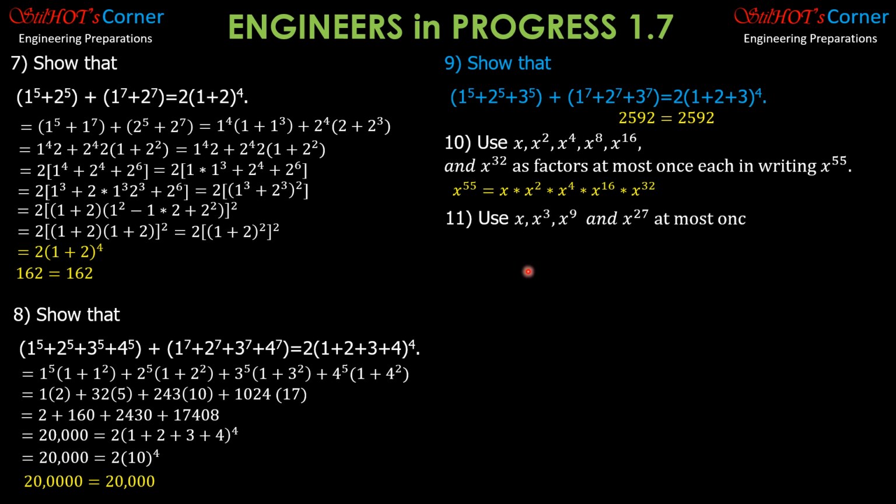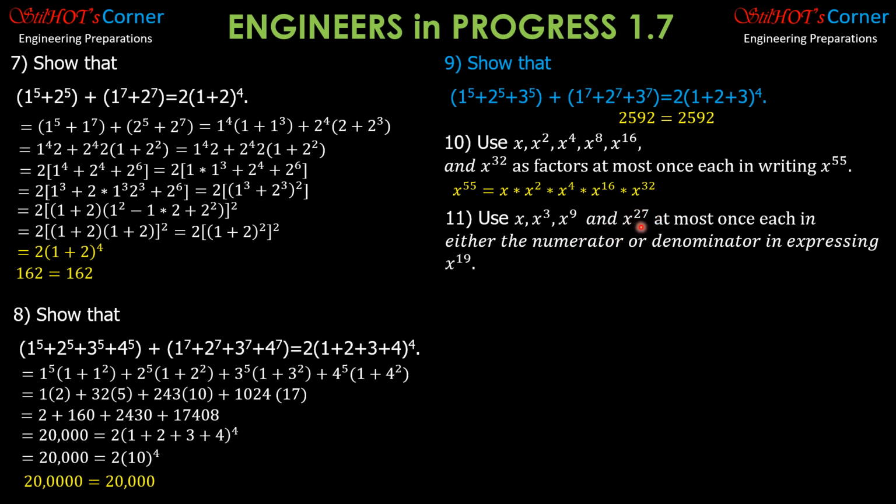Then number 11: use x cubed, x to the 9, and x to the 27 at most once each, in either the numerator or denominator, in expressing x to the 19. So we cannot use a factor in both the numerator and the denominator. We just use these factors once. So let's study x to the 19. If we use these three powers, the sum is less than 19, so there should be a denominator.